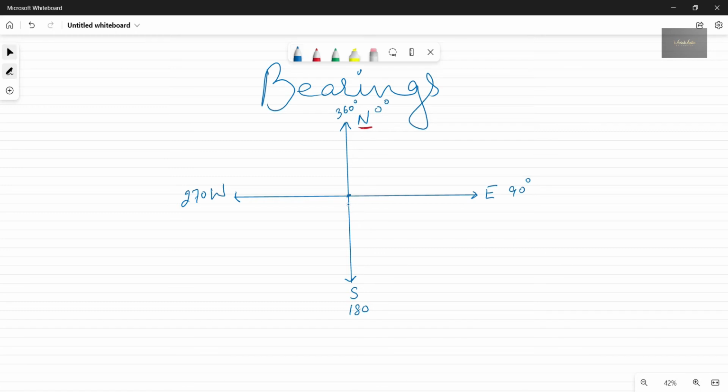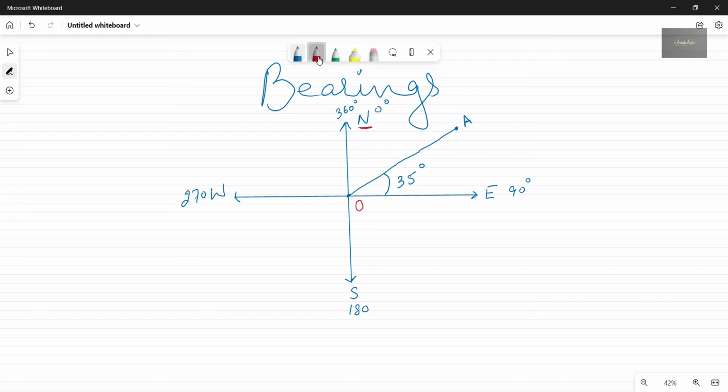Okay, now how do bearings come in a question? Suppose this is our starting point, say it is O, and there is a direction towards point A. A is a point, right? Normally in a question you have one angle given, either this one or the above angle, but it doesn't matter which angle is given, we can easily find the bearing.